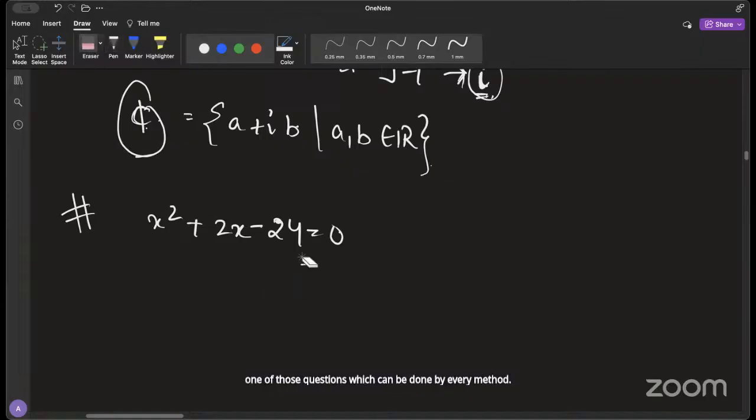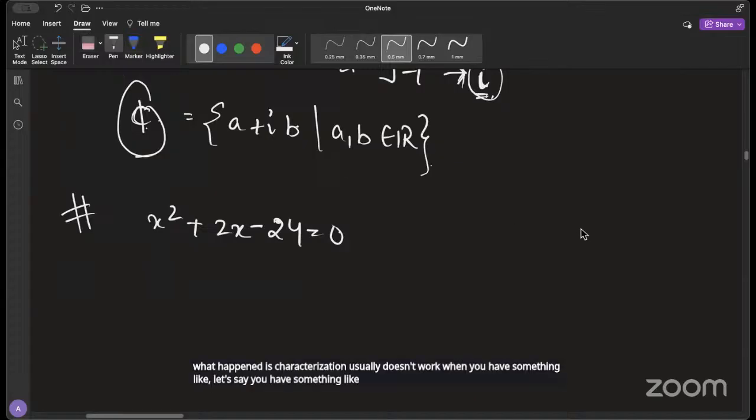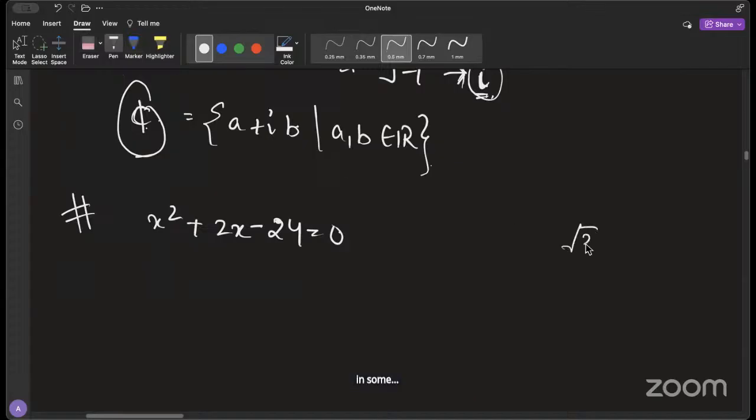What happens is factorization usually doesn't work when you have roots in square root, because you can't guess numbers. Let's say one of your roots is root 3.